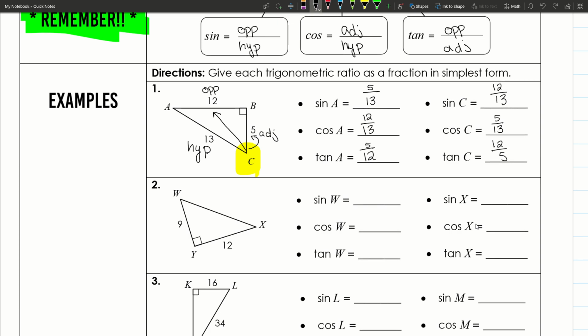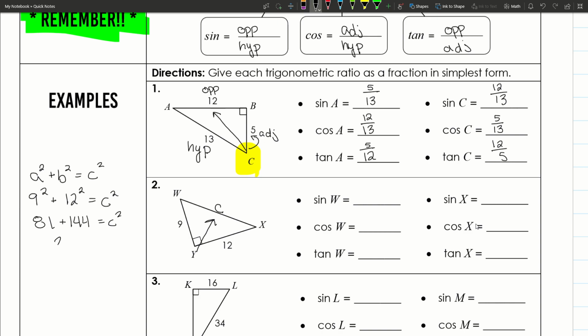If for some reason you notice that you have a missing side length, you can always find it if you have the other two by using our Pythagorean theorem. We know that our hypotenuse is our C. So we would have 9 squared plus 12 squared equals C squared. 9 times 9 is 81. 12 times 12 is 144.